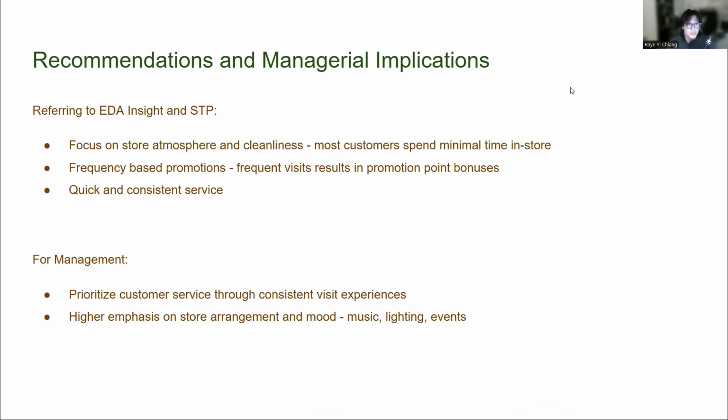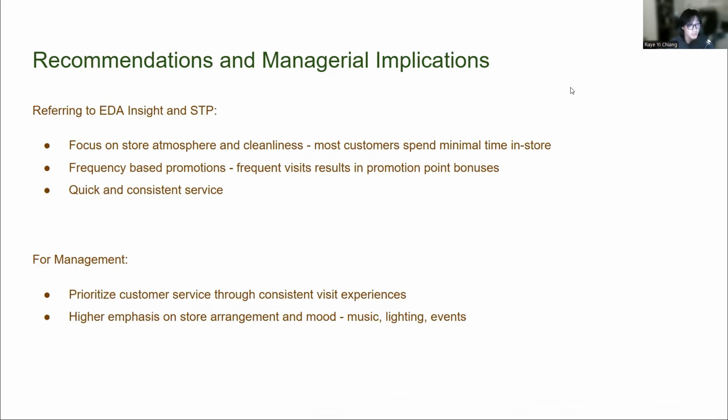Moving on to our recommendations and managerial implications. Firstly, referring to our EDA insight and STP analysis, our first recommendation is to focus on store atmosphere and cleanliness. A lot of customers tend to spend not that much time in store, and so if we focus on making these interactions really pleasant, then we can perhaps encourage them to come back more often.